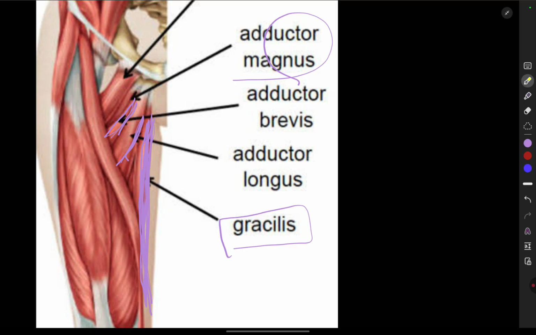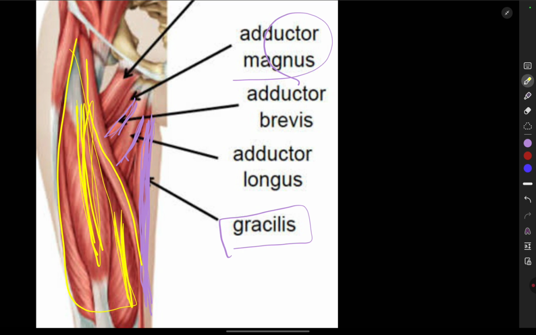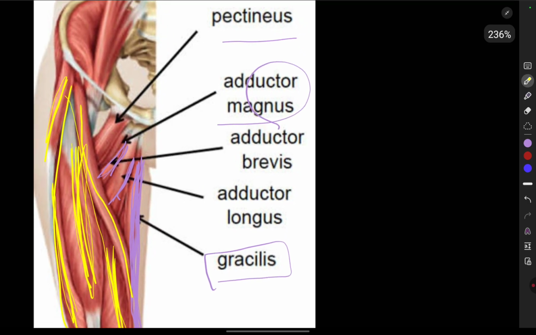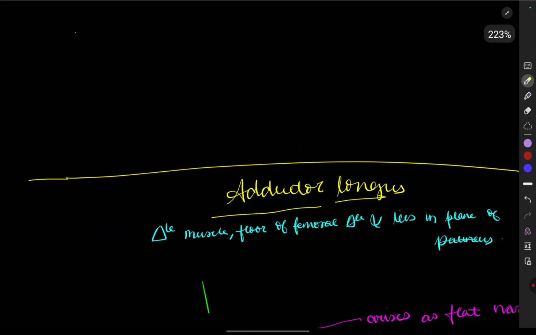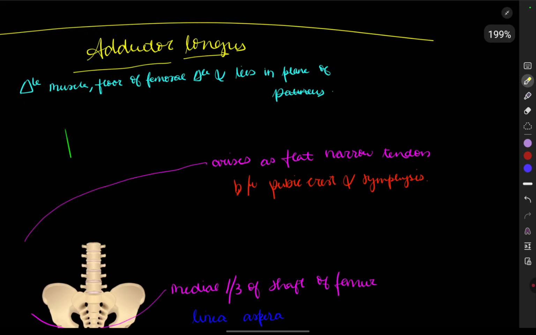Okay, let's revise. This is the sartorius muscle, and these are the quadriceps femoris muscles: the rectus femoris, vastus medialis, vastus lateralis, and tensor fasciae latae. These are the muscles that we had seen in the front of the thigh. Make sure to check that out if you haven't seen it yet.